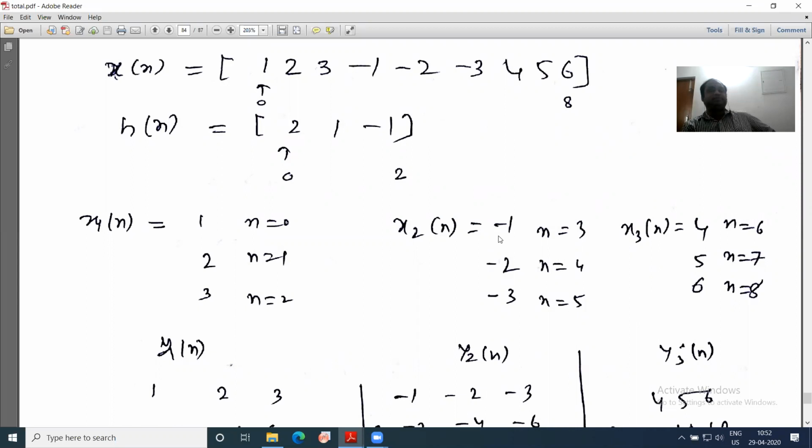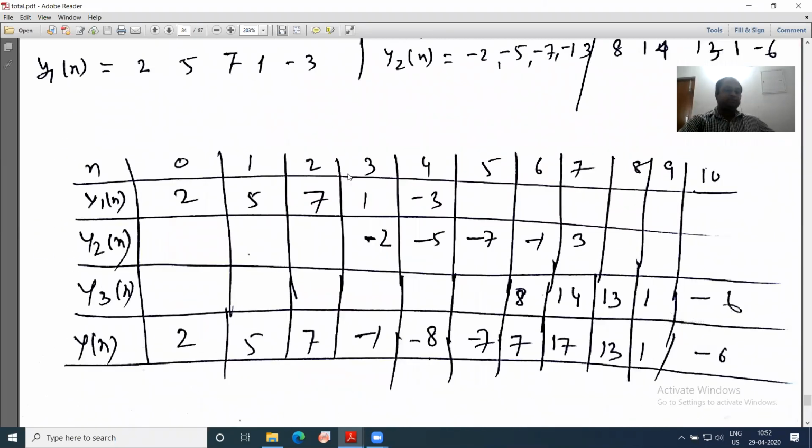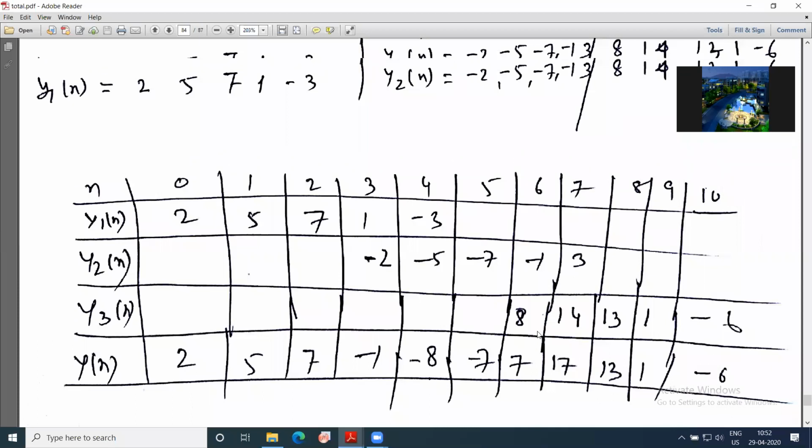The lower limit will be 3 plus 0, which is 3. And 2 plus 5 is 7. So this will be 3 to 7. Agreed? So again I will write minus 2, minus 5, minus 7, minus 1, and 3. This will be 3 to 7.